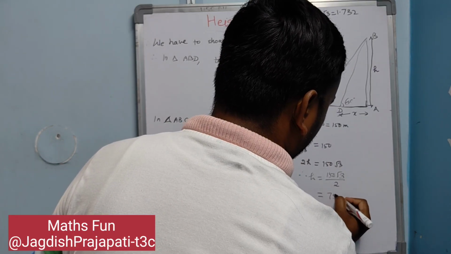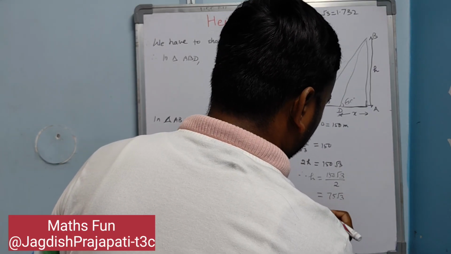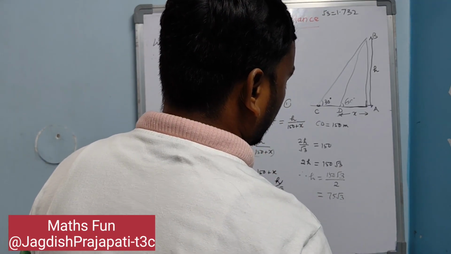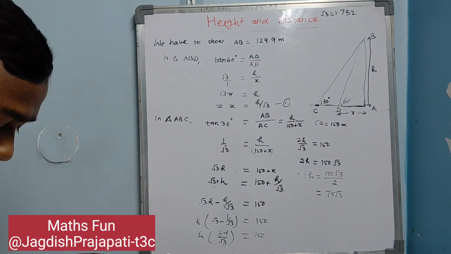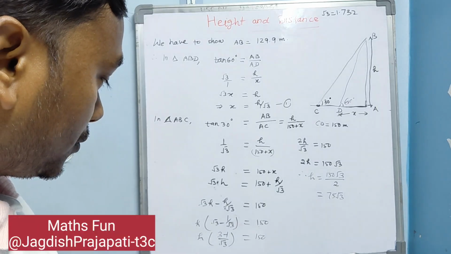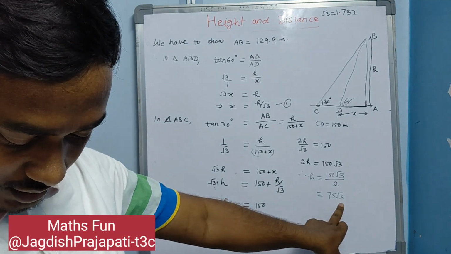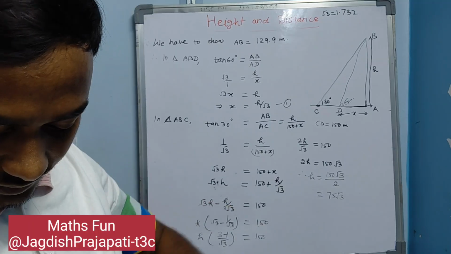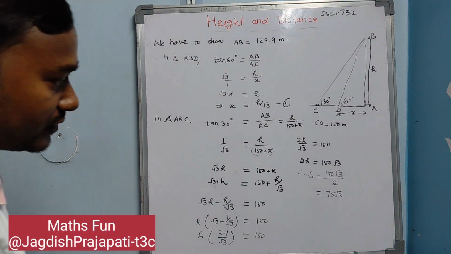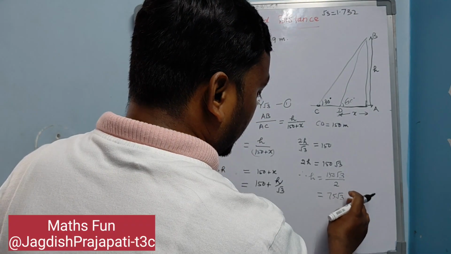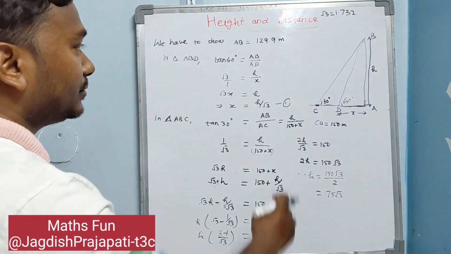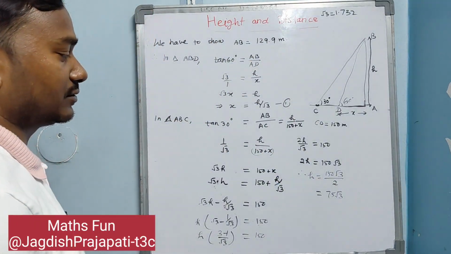So 75 times it will be divided, and H will be 75 into root 3. Since here it is given that we have to show this value, you have to put the value of root 3, which is given here. Use root 3 equal to 1.732, multiply by 75, and then you will get the desired answer.